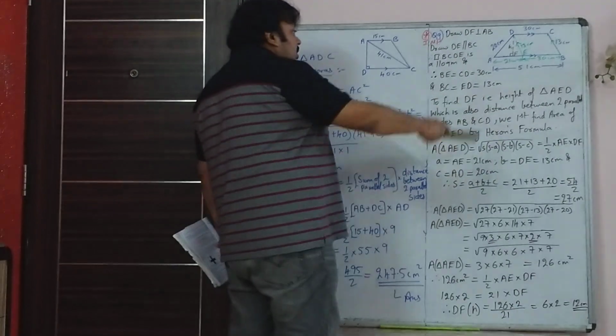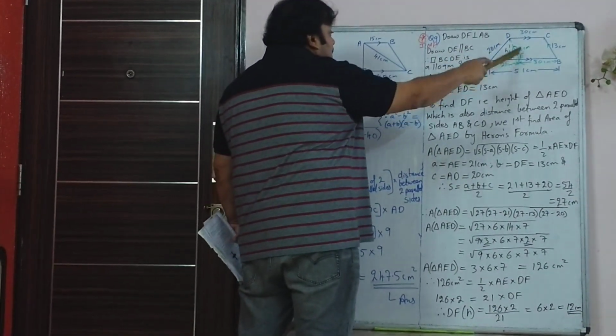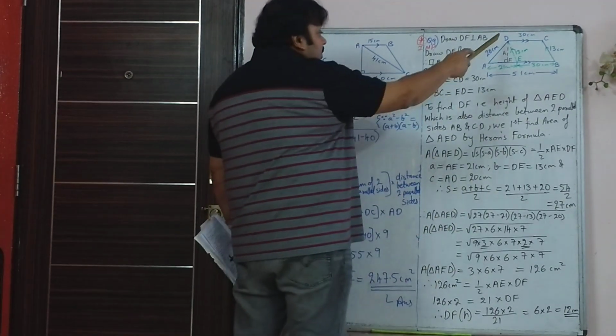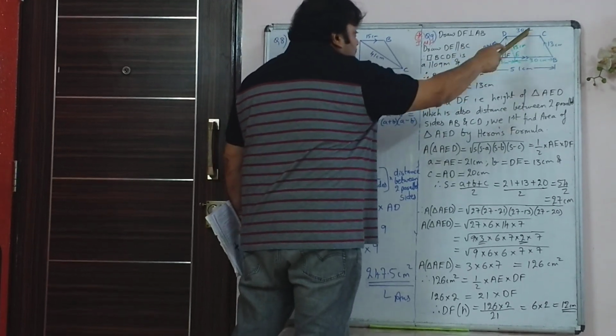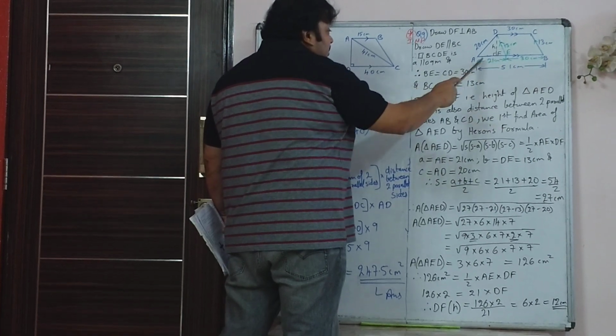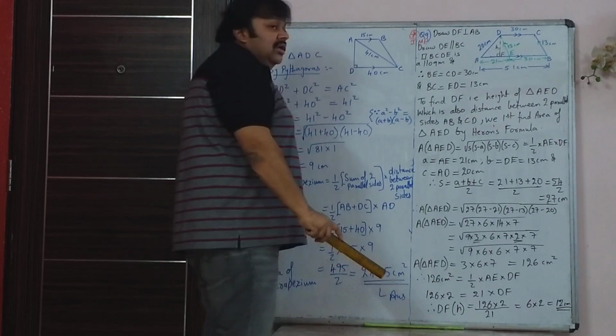Now, if you look at the figure AED, what is it? It is a triangle. In the triangle you just got by construction, because this is a parallelogram, DE is 13. The base AE will be 51 minus 30.